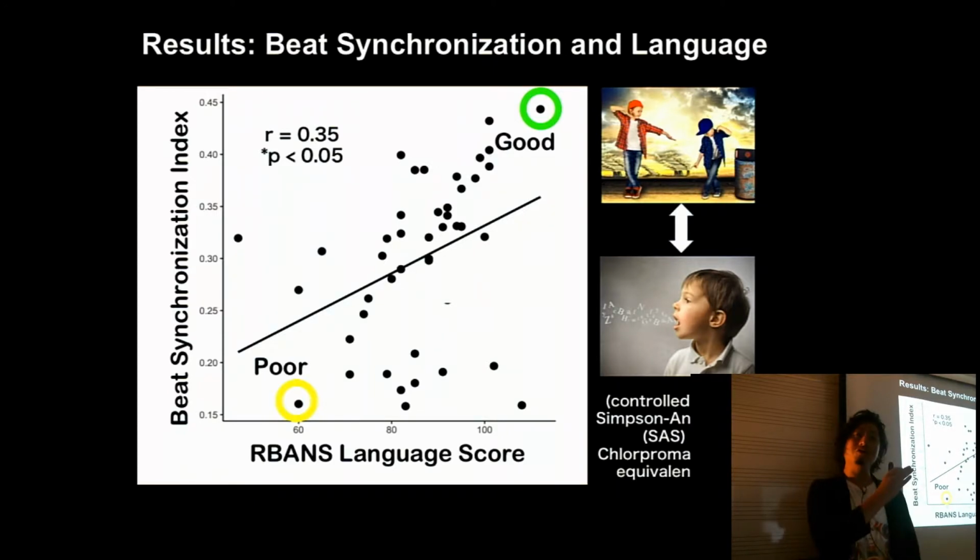We have shown only the language score here, but we also did a lot of clinical tests too, including the working memory task and also the executive function type of things. We thought about that too.